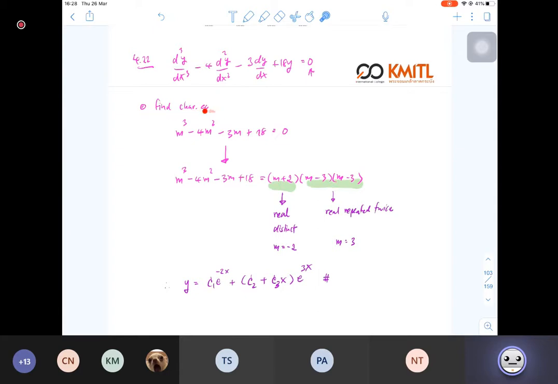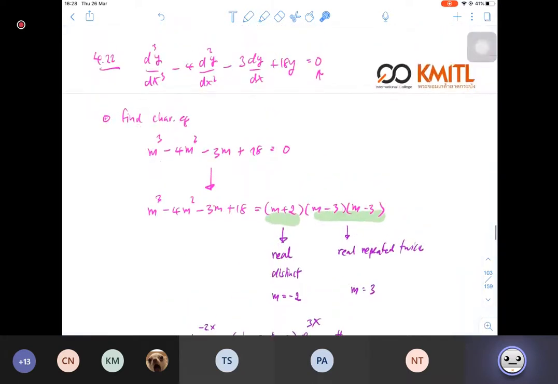And then you can find the solution by first finding the characteristic equation. Of course, this characteristic equation just substitutes the derivative with m, right? So the third derivative would be m cubed, the second derivative would be minus 4m squared, and so on. Then you solve for m, right? This is a cube, so you have to have 3 roots.